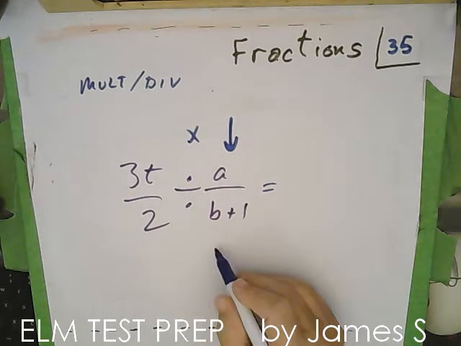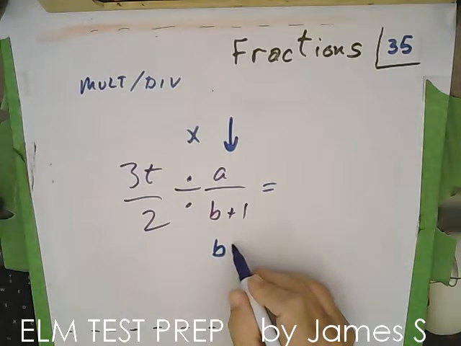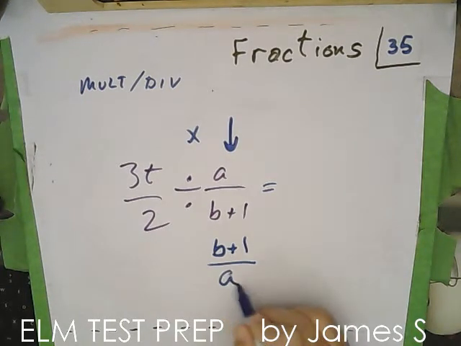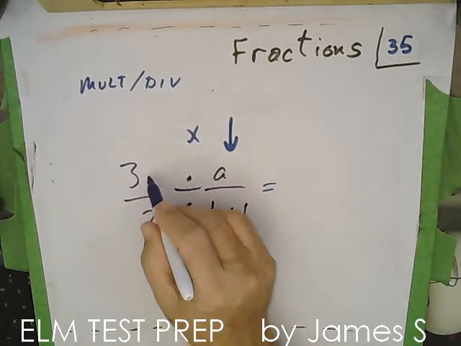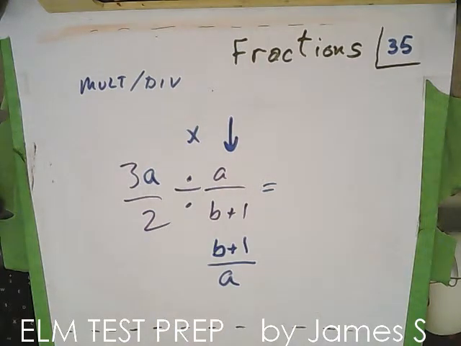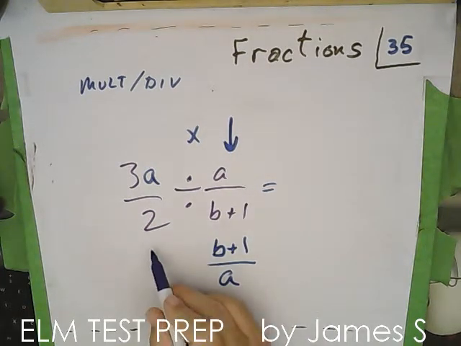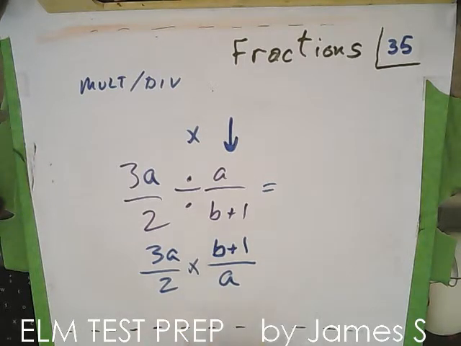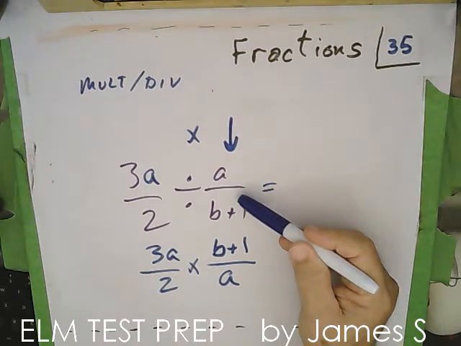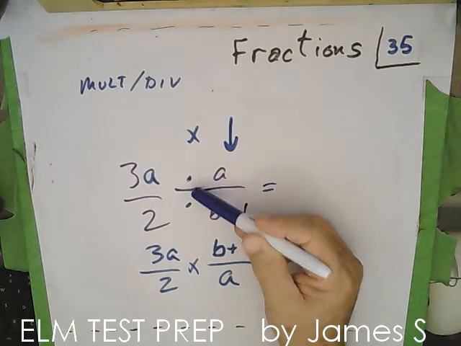Okay, so we're going to change this to b plus 1 over a. And I'll tell you what I'm going to do. Instead of making this a t, I'm going to make this an a, just to have a little something else to do. So then I have 3a over 2, and I'm multiplying them now. So I inverted the divisor, and changed my division symbol to multiply.